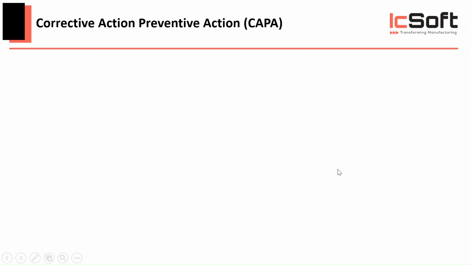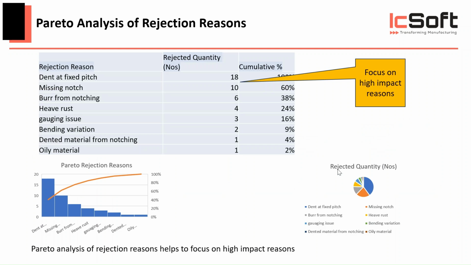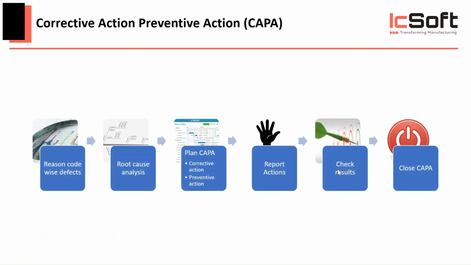So we go back and we create another Pareto and we see whether really these defects are coming down or not. So nothing is left to chance or wishful thinking. The entire process is planned meticulously, executed religiously, and tracked at a granular level. So quality is not left to chance with the quality module of IcSoft MES. It is ensured.